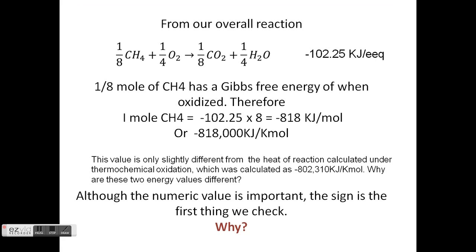So for our overall energy equation here, we'll find out that we have 102.25 kilojoules per electron equivalent, but that is for 1/8 methane. So for 1 mole of methane, the energy will be 8 times what we've calculated here. So times 8, and we're having 818 approximately kilojoules per mole.